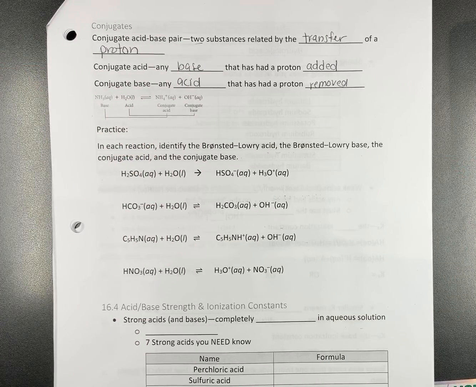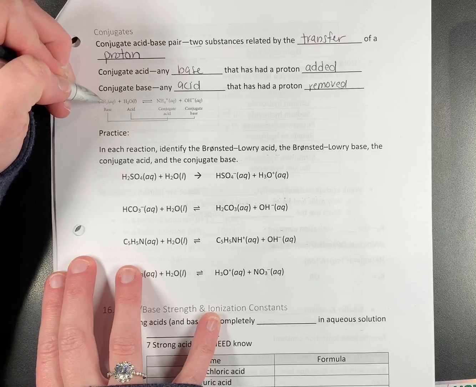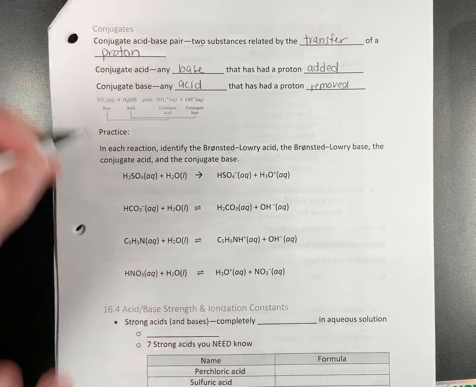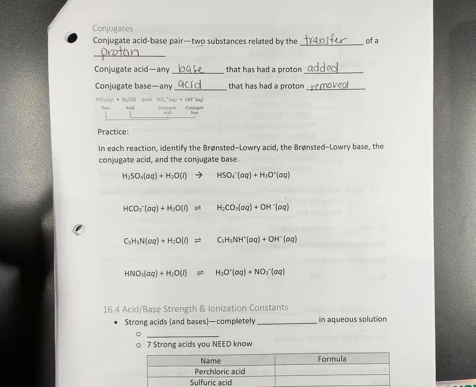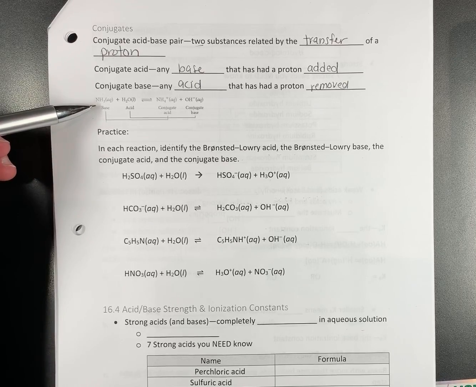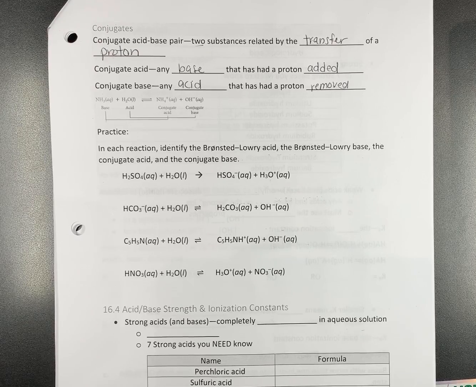There is not an exception here. The acid and the base are always going to be on the left side of the equation. The conjugates are defined as what they become after the mixture, after the reaction.